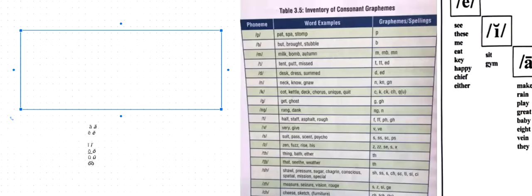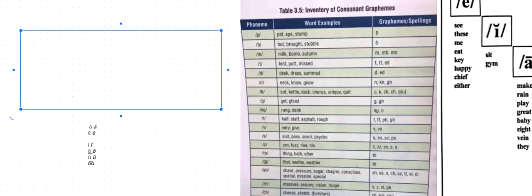B, a, n, a, n, na, banana. These two, this consonant and vowel, make the first syllable. These consonant and vowel make the second syllable. And this consonant and vowel make the third syllable.